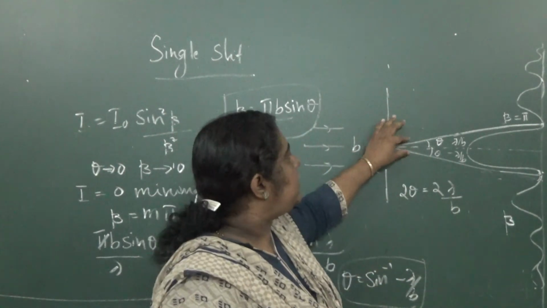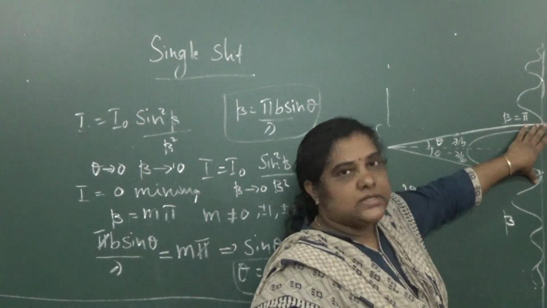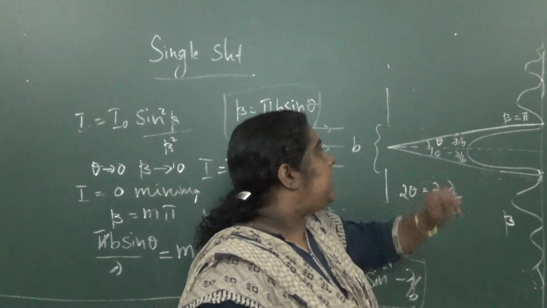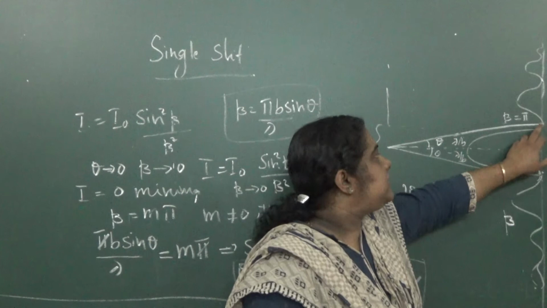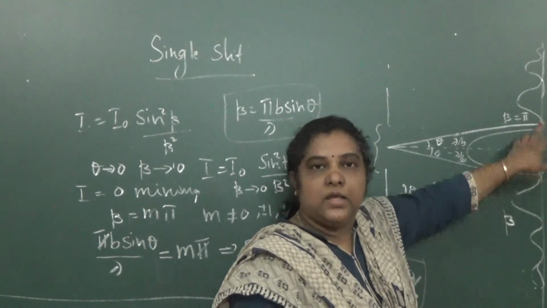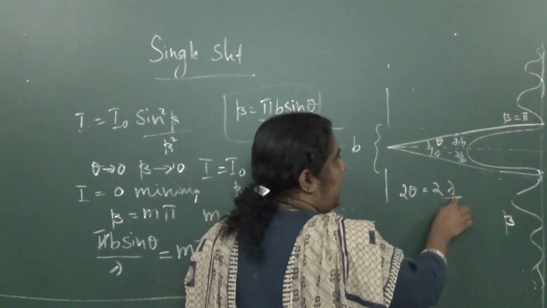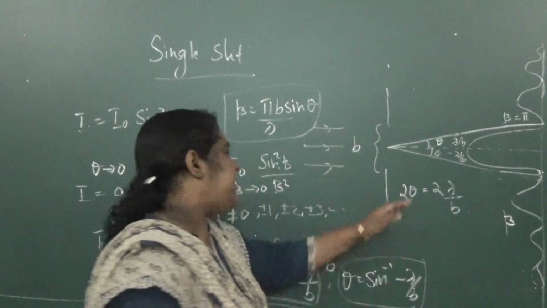In some problems they will ask what is the width of the central maxima. That time you have to find the angle between the first minima on both sides, that is the angle 2 lambda by b.